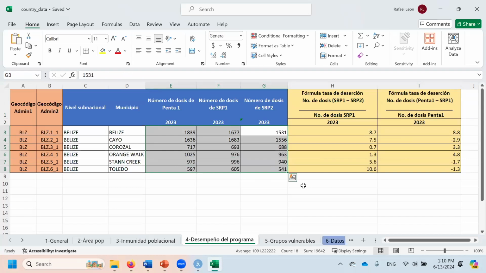It is important to note that if the country administers MMR2 at 4, 5, or 6 years of age, for determining the year in which you have to input the data for MMR1, you have to put in 4, 5, or 6 of the previous year.